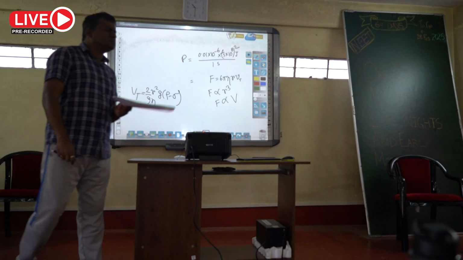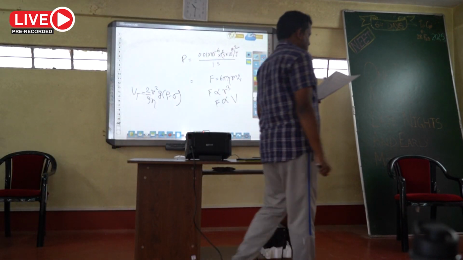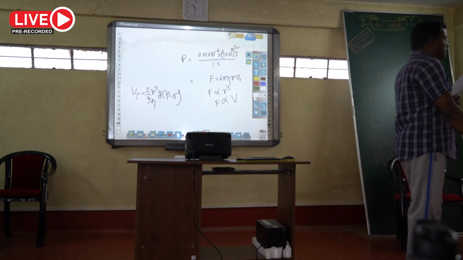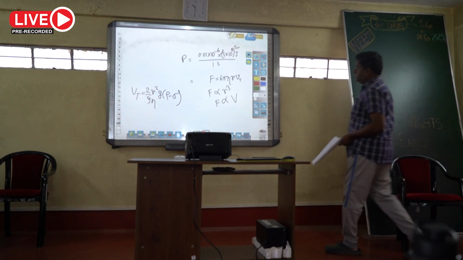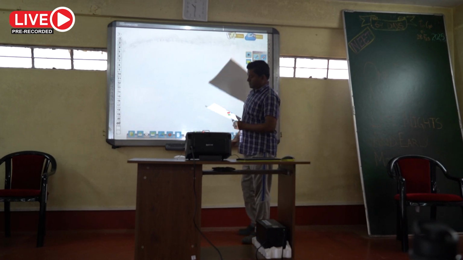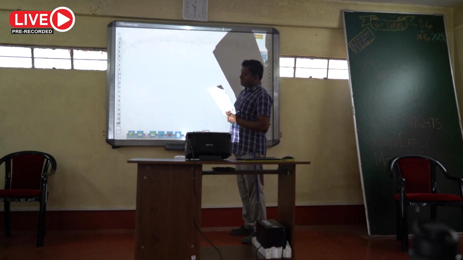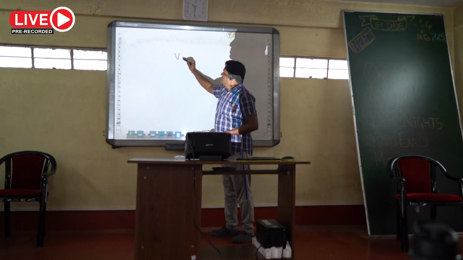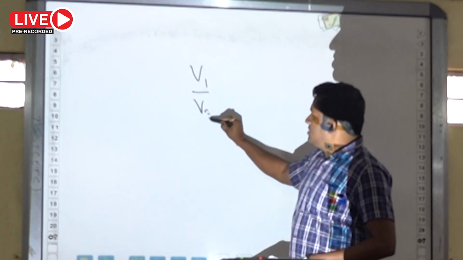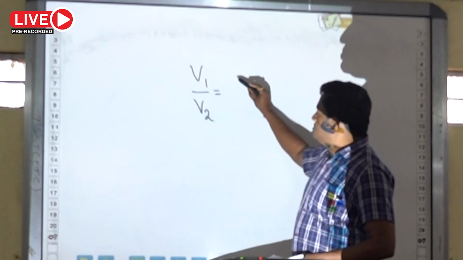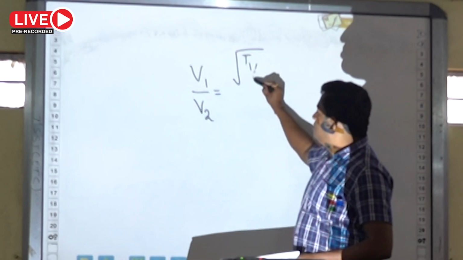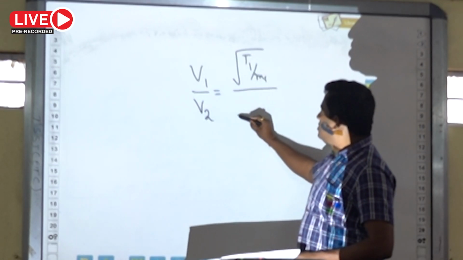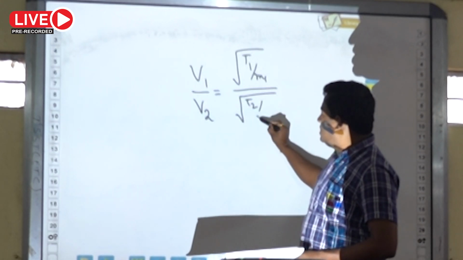Some data are missing. Transverse waves of same frequency are generated in two steel wires A and B. Ratio of the velocities, V1 by V2, equal to root over of T1 by m1 divided by root over of T2 by m2.